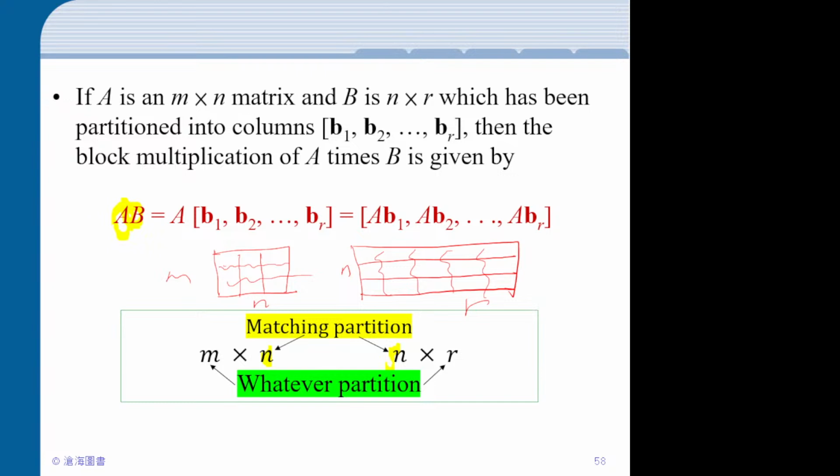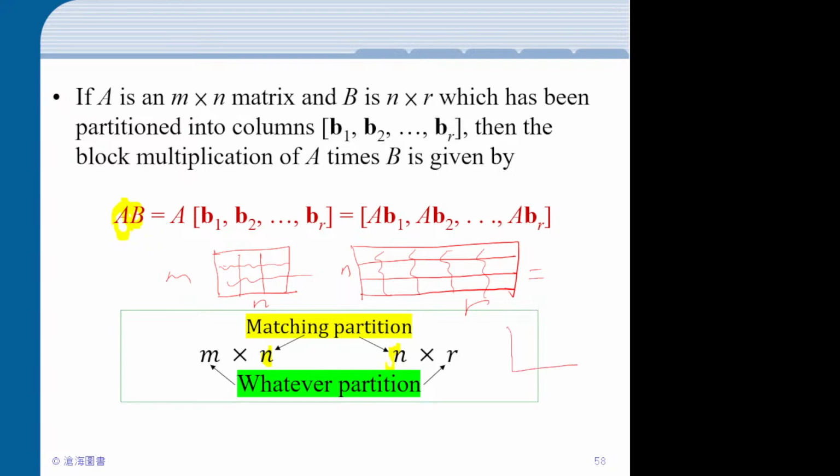What I mean is, you want to do the matrix multiplication rule row by row, and then you get the resulting matrix, which should be m by r.